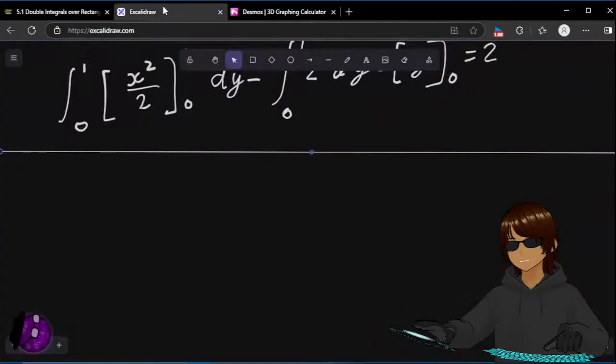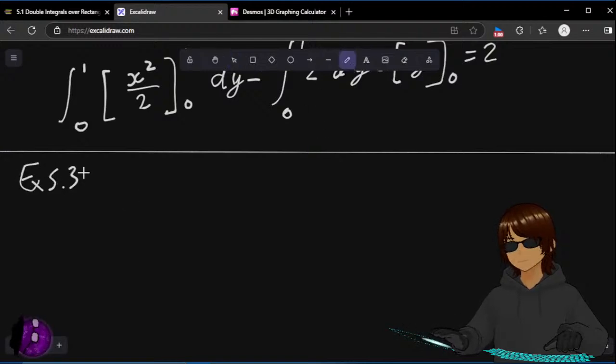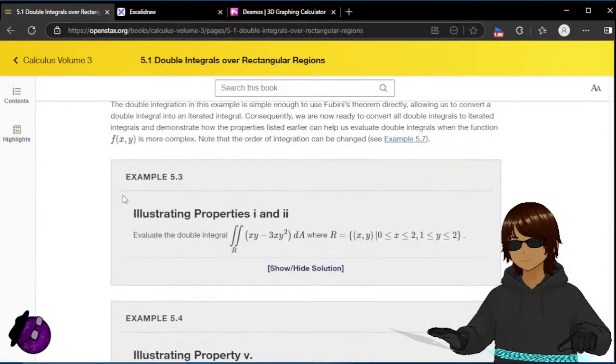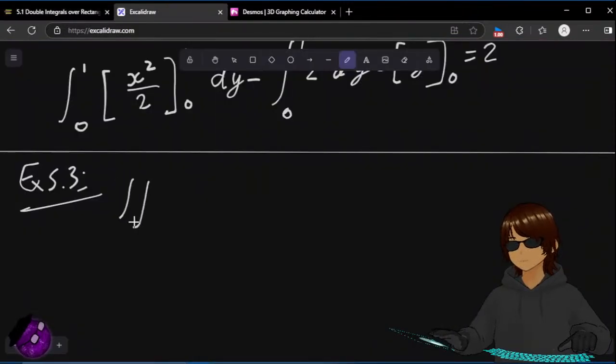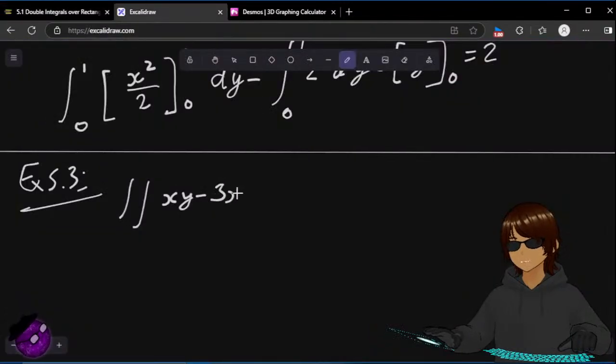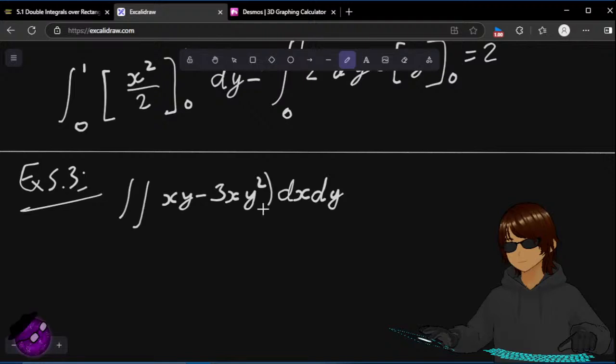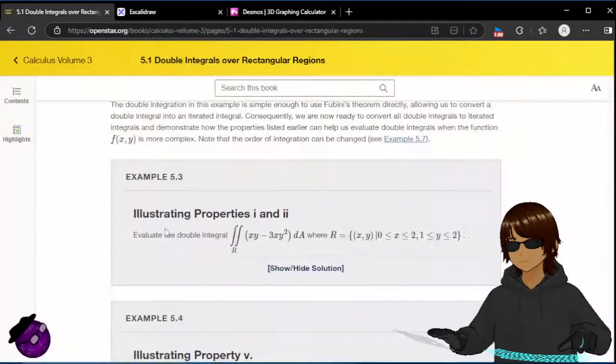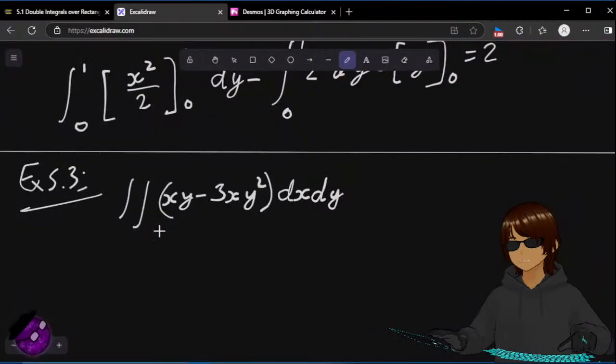So we have example 5.3. x y minus 3 x y squared, over 0 to 2 and 1 to 2.